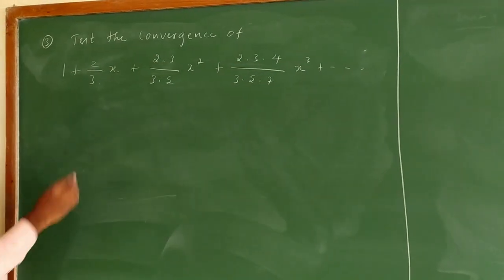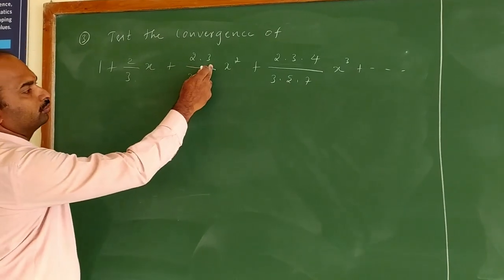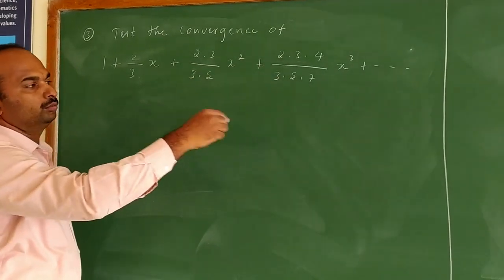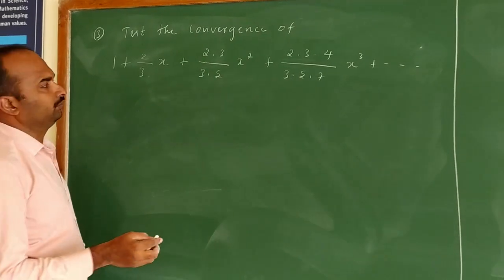You check the numerator. Numerator here we have 2. In the second term there are 2 terms. In the third term there are 3 terms. Similarly, in the last term we will have n number of terms.